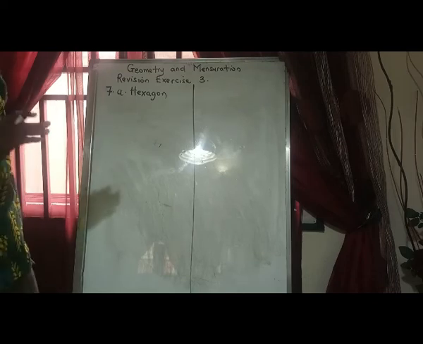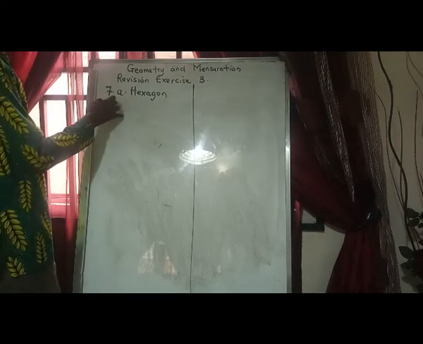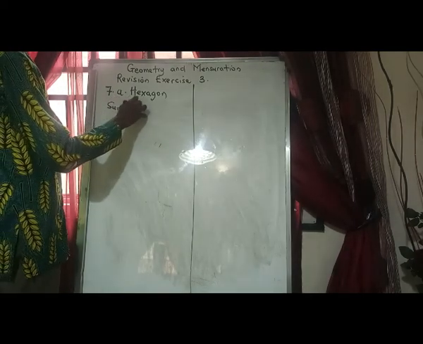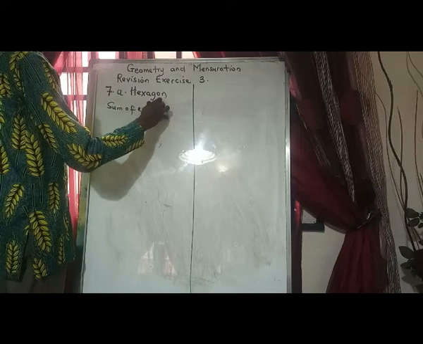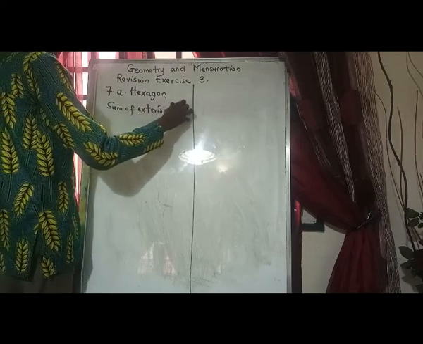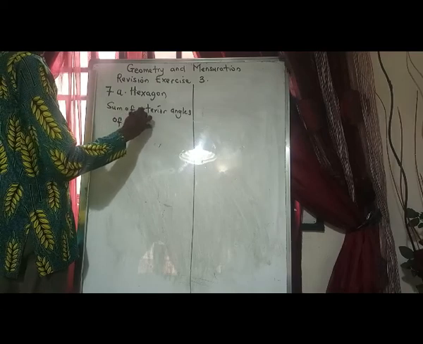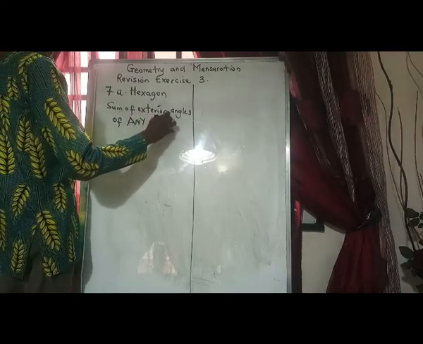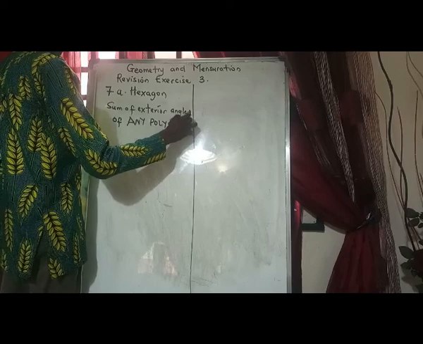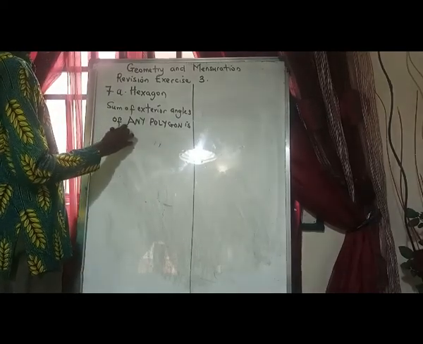Equal. Now, the sum of the exterior angles of any polygon is 360. So sum of exterior angles of any, I use the word any in an emphatic manner, is what? 360.